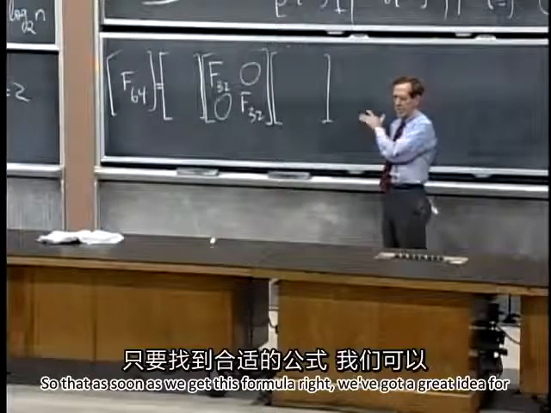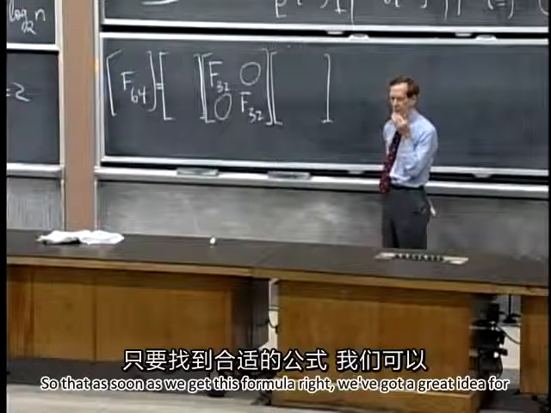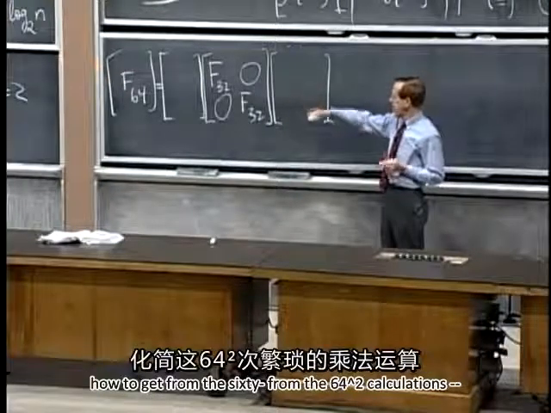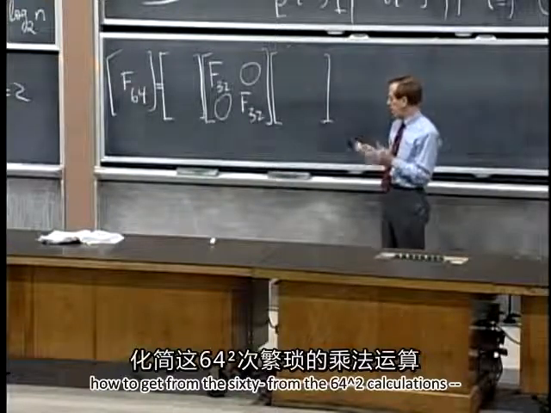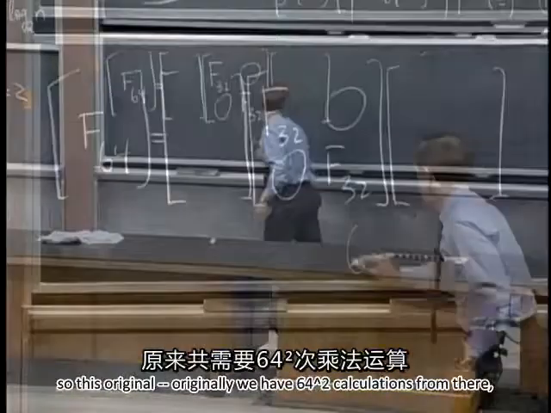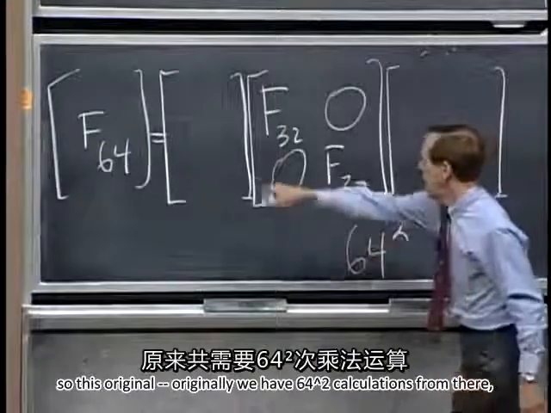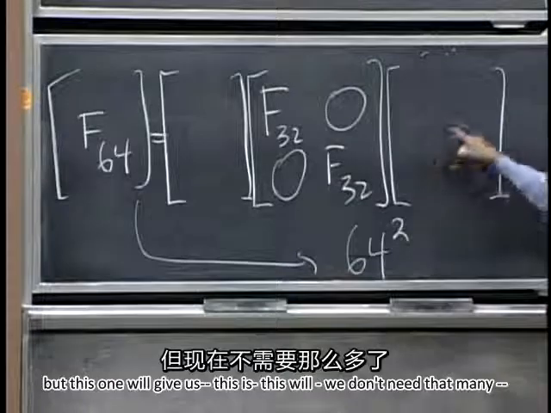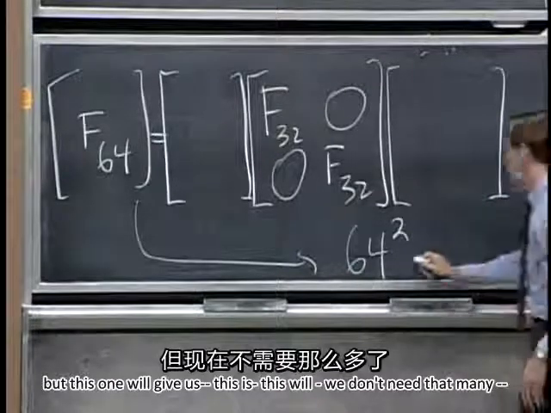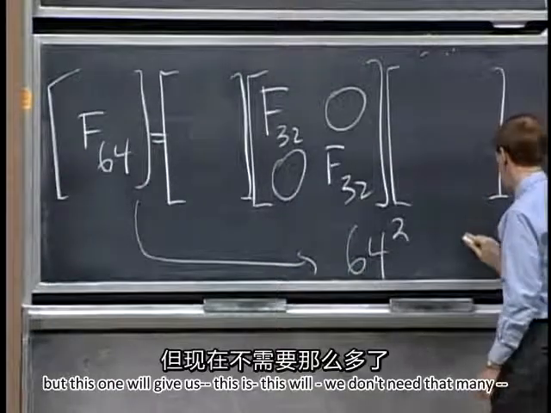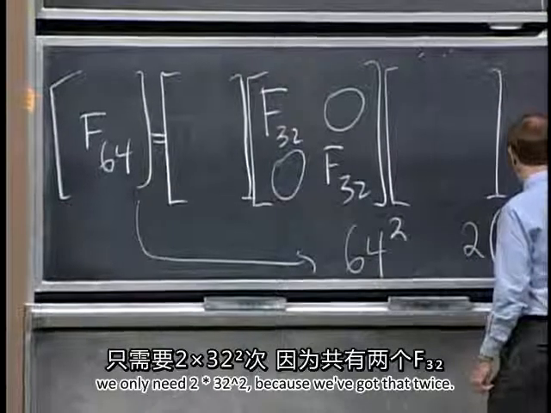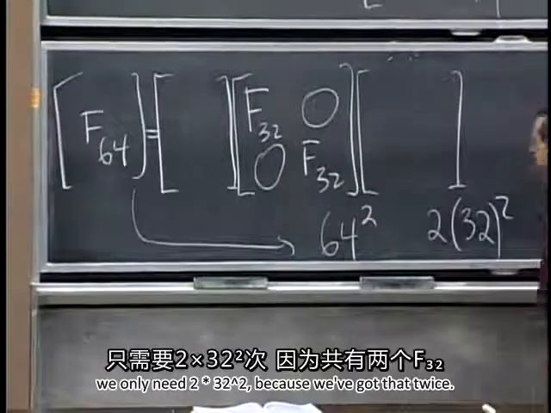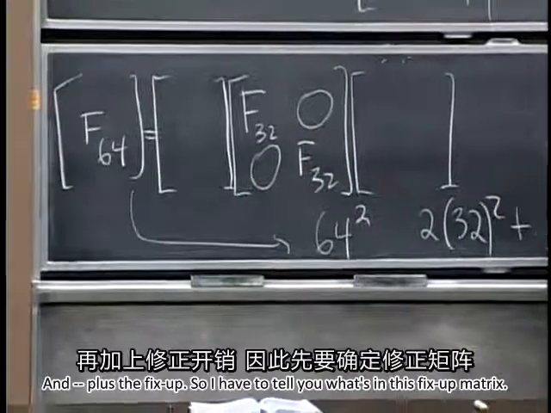So as soon as we get this formula right, we've got a great idea for how to get from the 64 squared calculations. Originally we have 64 squared calculations, but this one, we don't need that many. We only need 2 times 32 squared, because we've got that twice, plus the fix-up.